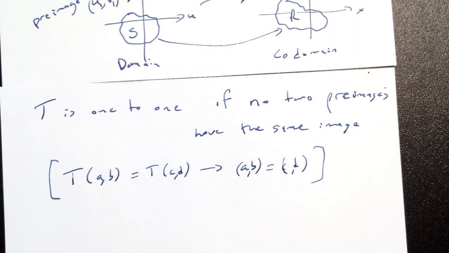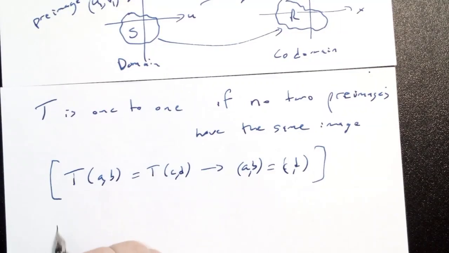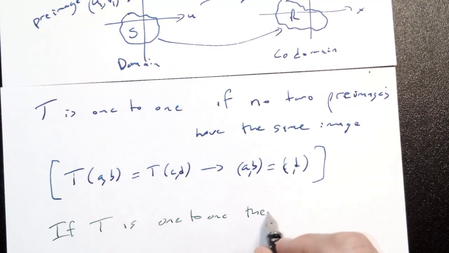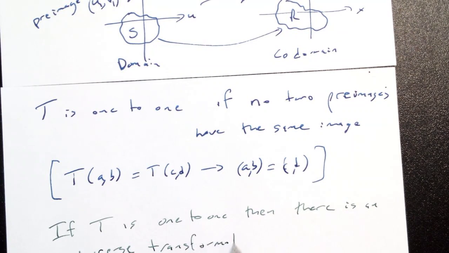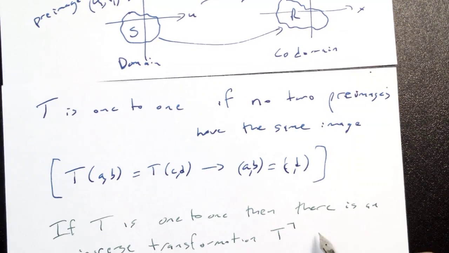But the case in question here, the reason I want to mention this, is that if my transformation is one-to-one, then it has an inverse, T raised to the -1 power.